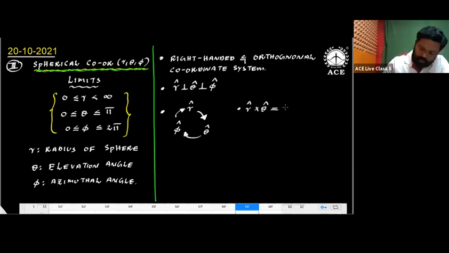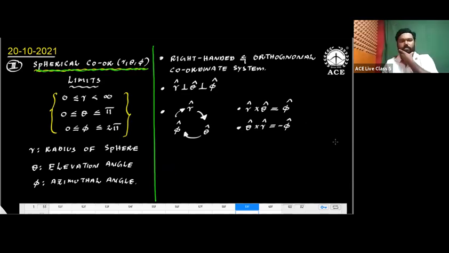Fine. What does that mean? r cross theta is phi cap. Theta cross r is minus phi cap. Clear?